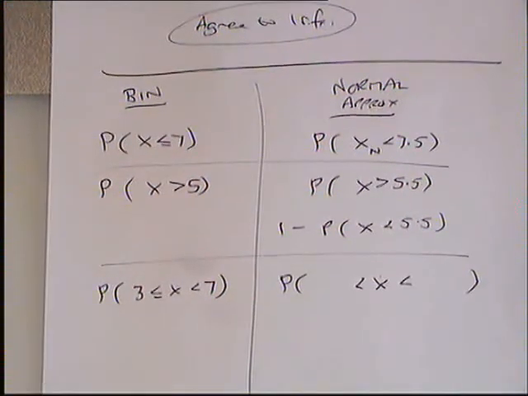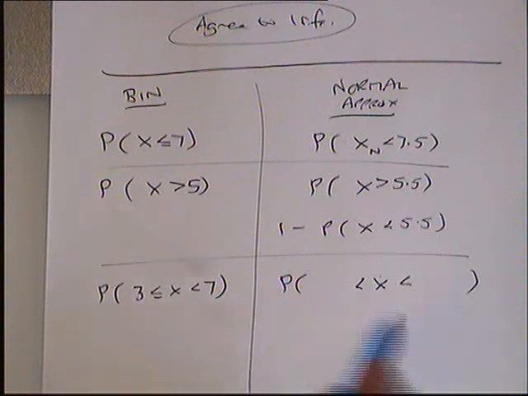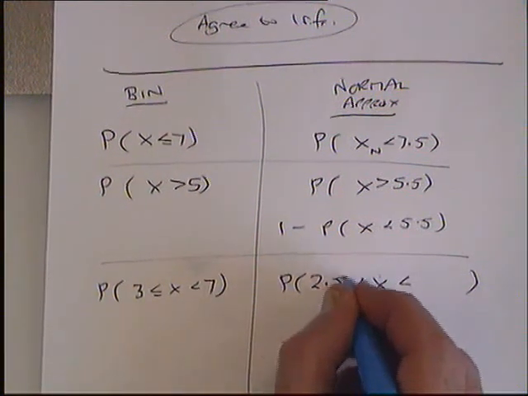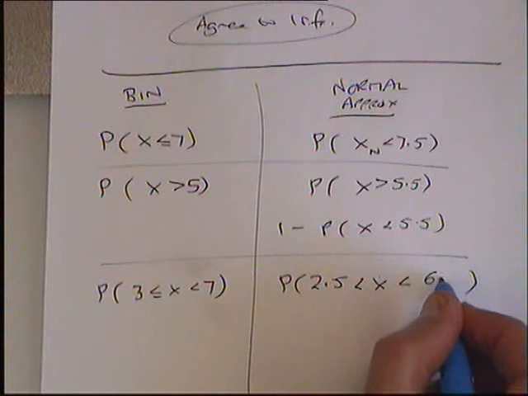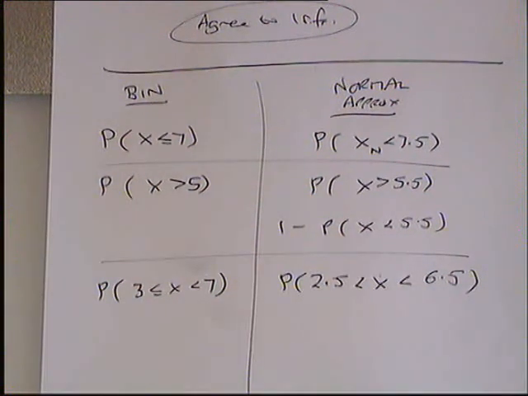What numbers would I put in here? 2.5. Let's just stop there a minute. We've got to be able to include 3, so we have to go down lower than 3, so that is 2.5. The other end, strictly less than 7: 6.5, yeah, we are not allowed to include 7.